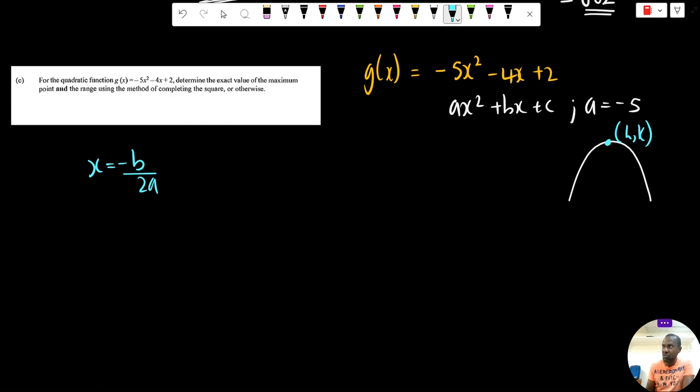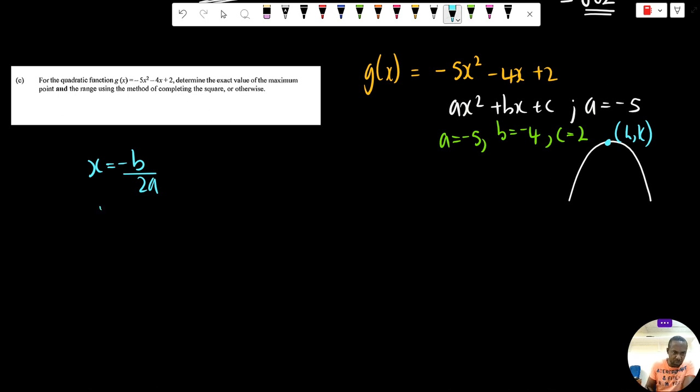So for any quadratic function, the turning point occurs where x equals minus b over 2a. Now if we go back over here, we know that a is equal to minus 5, b is equal to negative 4, and c is equal to 2.